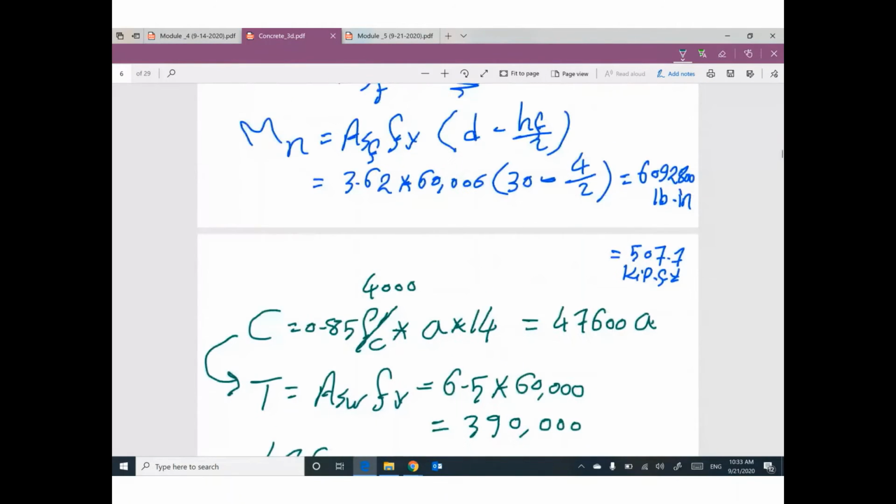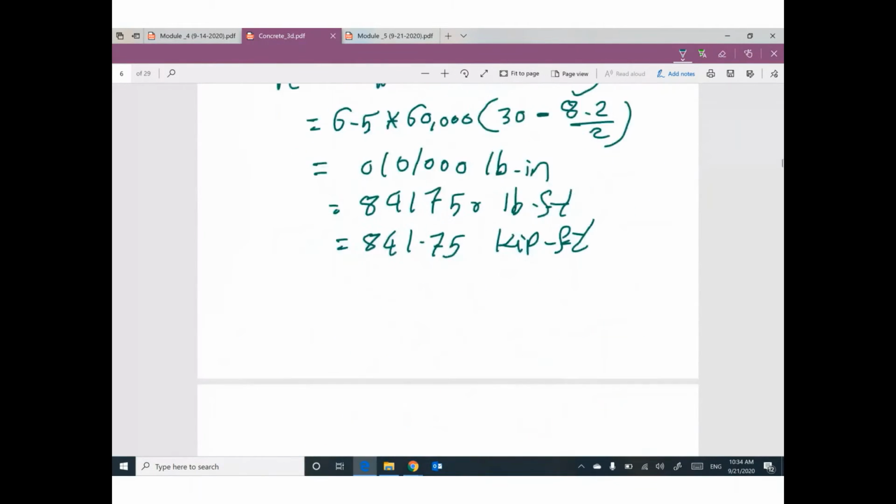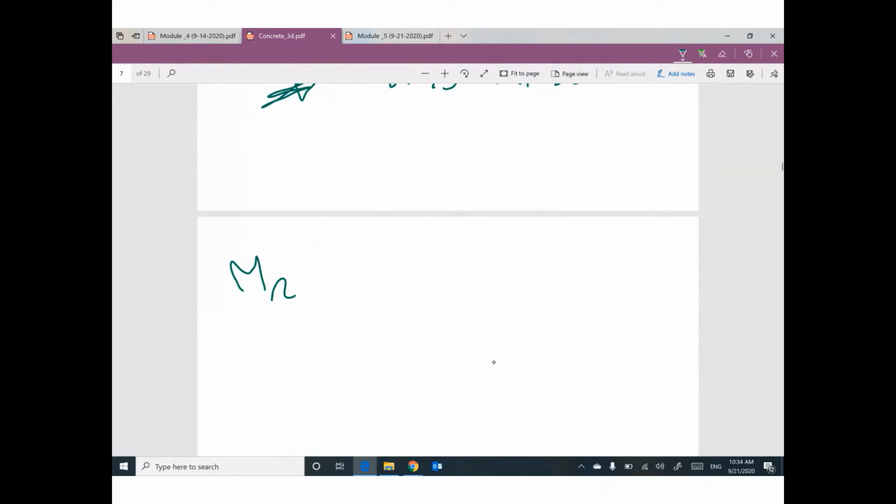Part number 2. The first part gives you a nominal moment. The second part gives you another nominal moment. The whole cross section will have nominal moment equal nominal moment from the first part plus nominal moment from the second part.